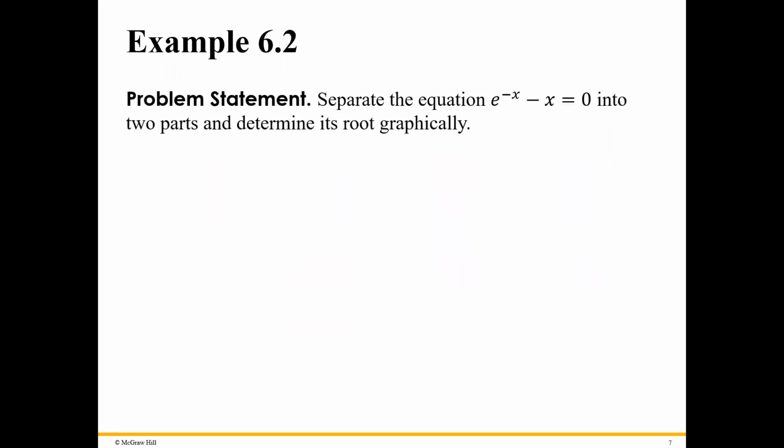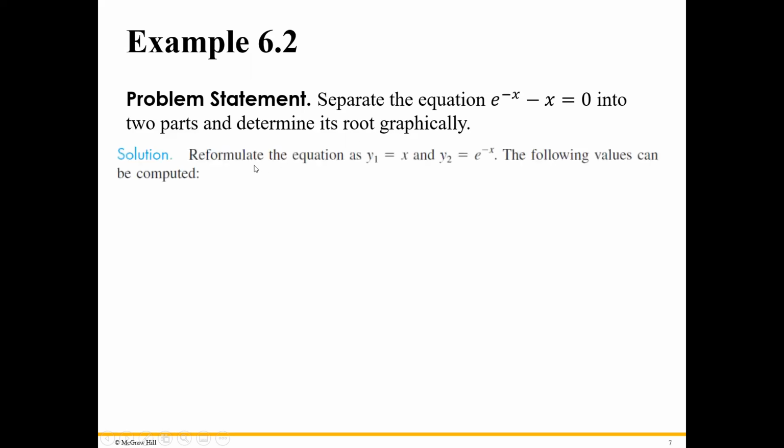Let's see one more example. Separate the equation e power minus x minus x is equal to 0 into two parts and determine its root graphically. So we can separate this equation into two parts. One part is the term e power minus x, so we take it as y2 is equal to e power minus x, and the other part is x, so we can take this as y1.